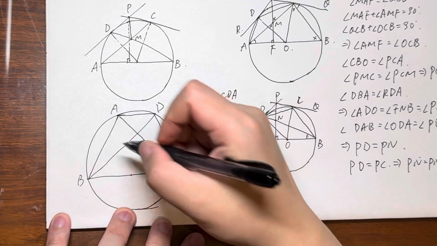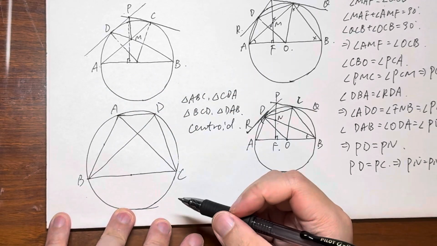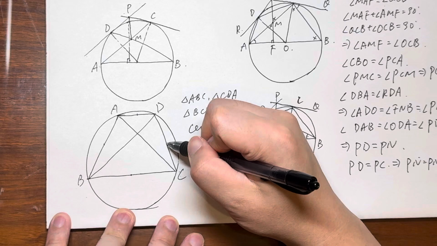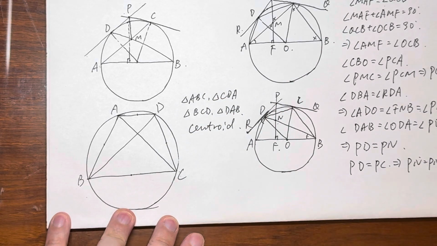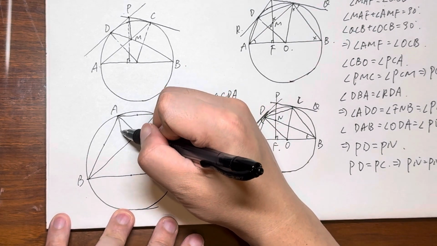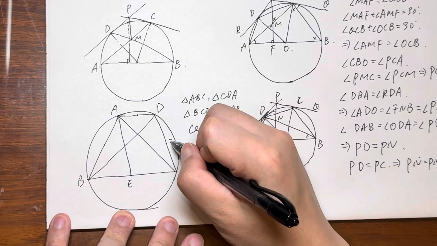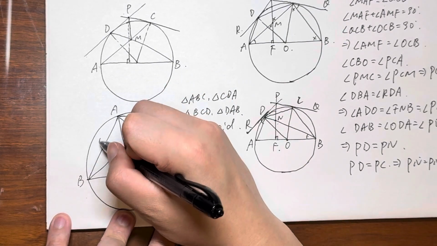So to prove this problem, let's think about how to find the centroid in the easiest way, right? So I find the midpoints of these segments, D, E, F, G, H, right?